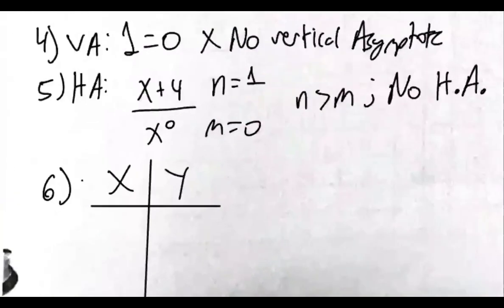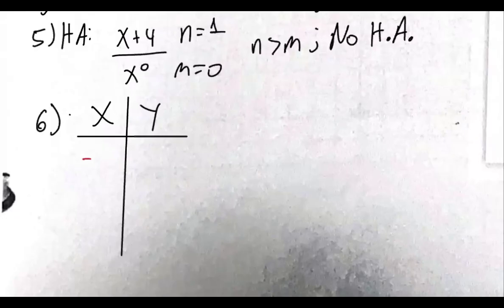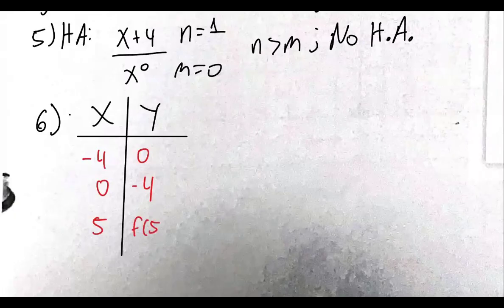So -4, 0 and 0, 4. And then we need one more coordinate. What coordinate do we pick? There is no vertical asymptote in this case. So what coordinate should we pick for a third coordinate? 5. So f of 5 is equal to 5 plus 4, which is 9.